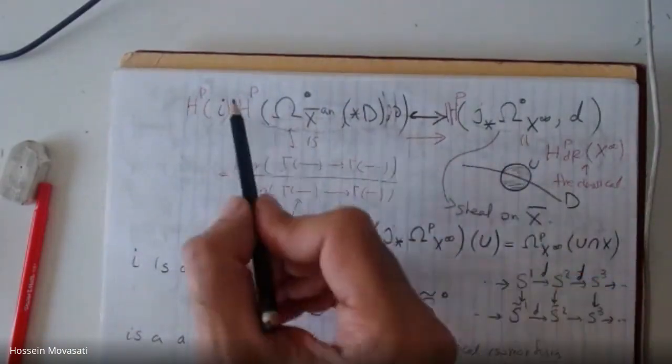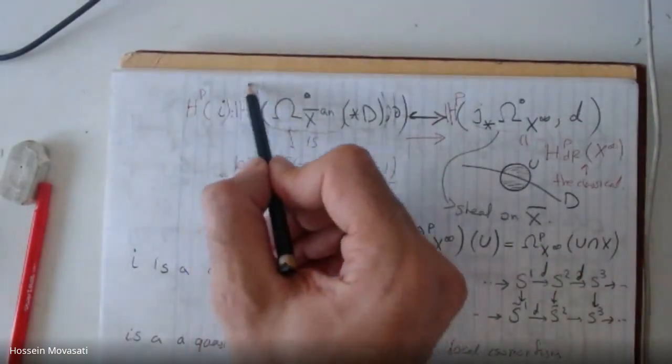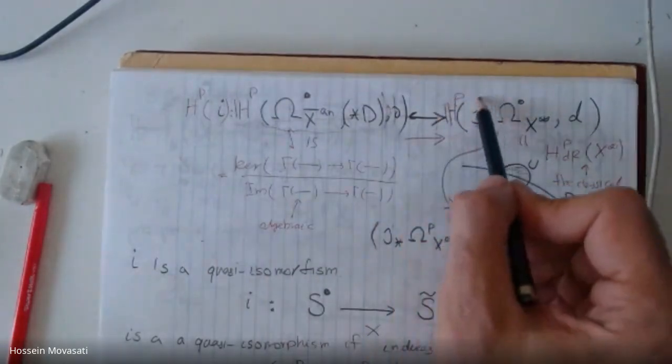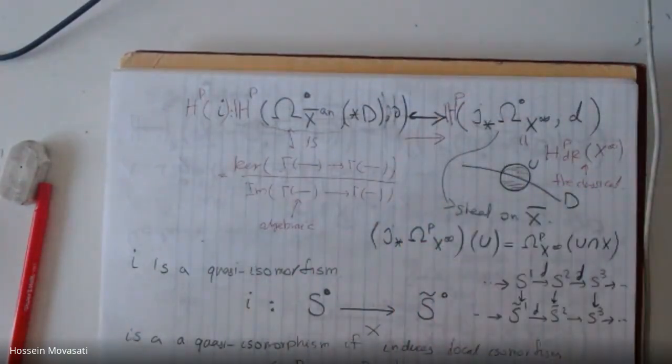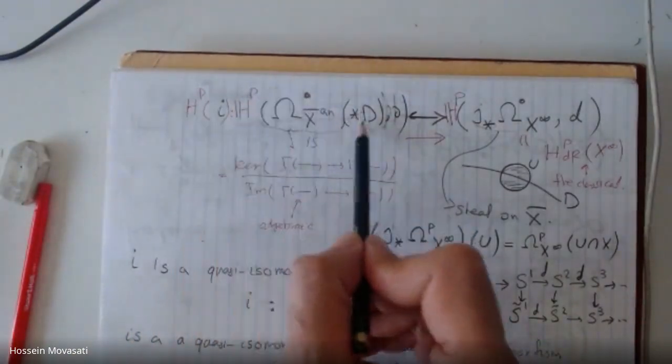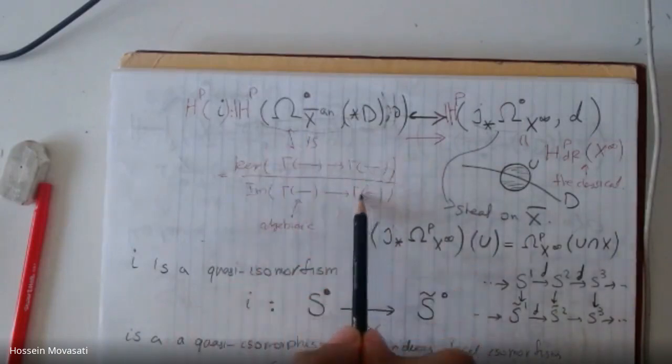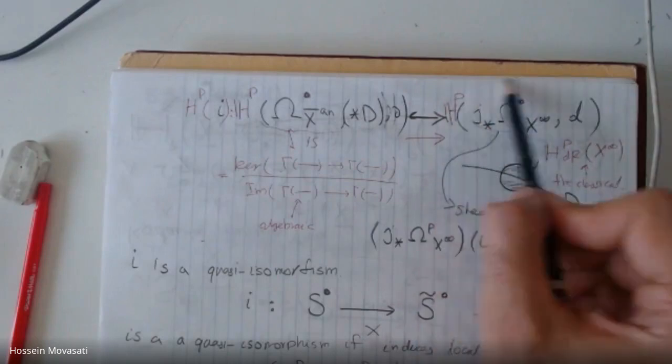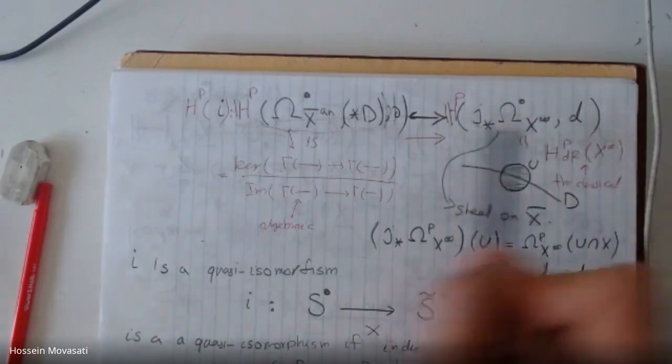What I wanted to show is that the map induced in hypercohomology is an isomorphism, and this finishes the Atiyah-Hodge theorem, because when I take hypercohomology here, I get global sections, and here, taking global hypercohomology, I get the classical de Rham cohomology.